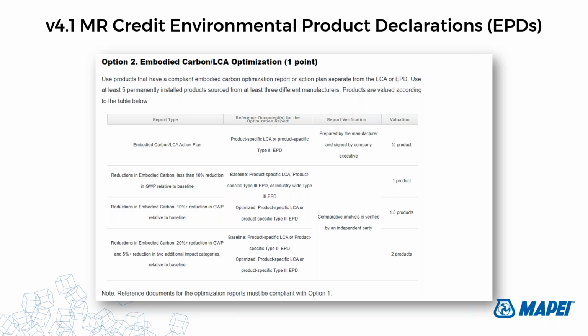There is an additional point available. However, it's still very new to pursue this option 2, so I'm not going to spend too much time on it right now. Just know that there's an option 2 for reducing embodied carbon and having an action plan in place to reduce environmental impacts.